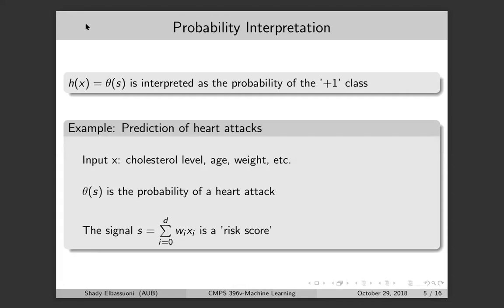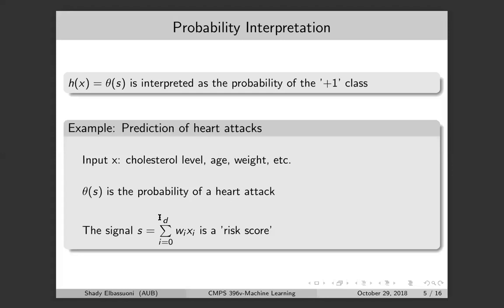So let's say I'm predicting heart attacks. My input is cholesterol level, age of the patient, weight of the patient, smoking or not, and so on. Now, theta of S is going to be the probability of a heart attack.